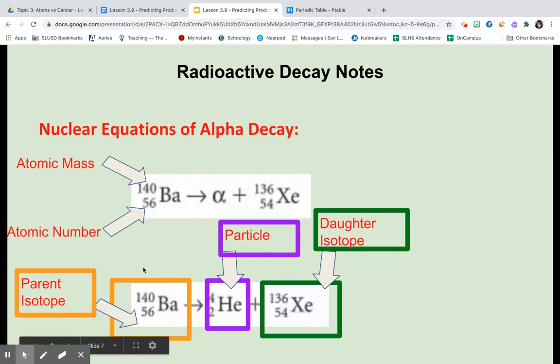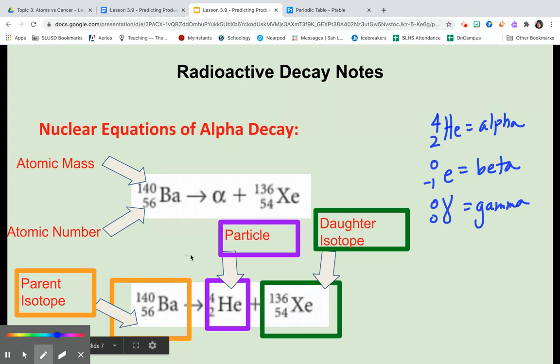Okay, so hopefully, just like from before, you noticed that the first isotope is the parent isotope, and then it splits off. This one is the particle. Usually the isotope with the smaller atomic mass, or the smaller top number after the arrow, is our particle, and then what's left over is our daughter isotope. Another way we can tell, if we have our notes handy with all three of the isotopes, is to quickly identify which one is the particle.